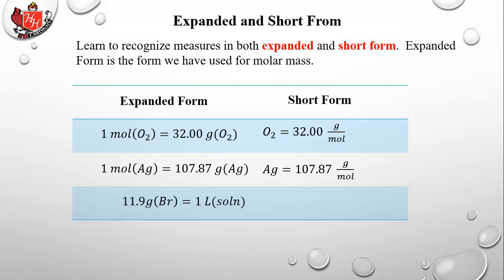Finally, here's one for density. 11.9 grams of bromine equals 1 liter of solution. And what that's really saying is that the density of bromine is 11.9 grams per liter of solution. So when you see 11.9 grams per liter, you can change that into 11.9 grams of your solute, bromine, equals 1 liter of your solution, which would be bromine plus H2O, plus water mixed together.